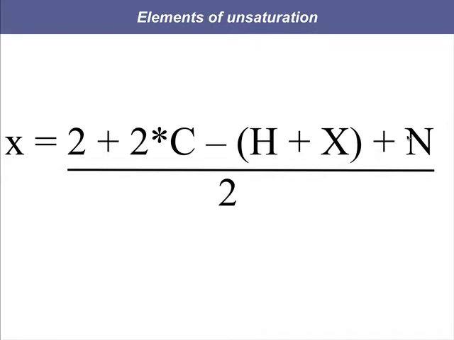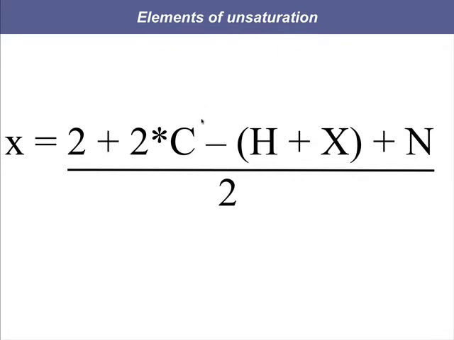Remember, we treated nitrogen like half of a carbon, so instead of 2 times the number of carbons, we just have 1 times the number of nitrogens, and then we divide by 2, because the number of hydrogens is 2n plus 2, right?